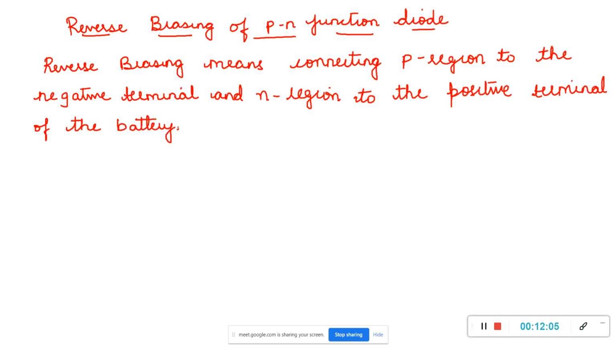So in very simple words, reverse biasing means connecting P region to the negative terminal of the battery and N region to the positive terminal of the battery.